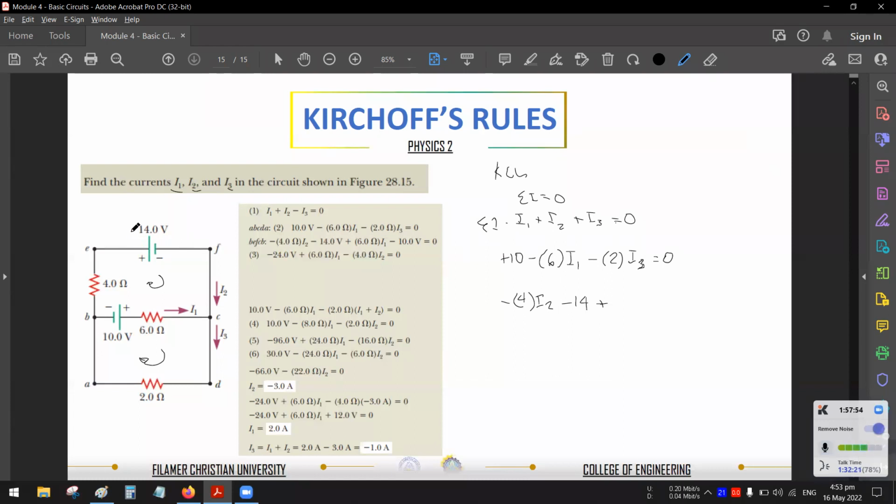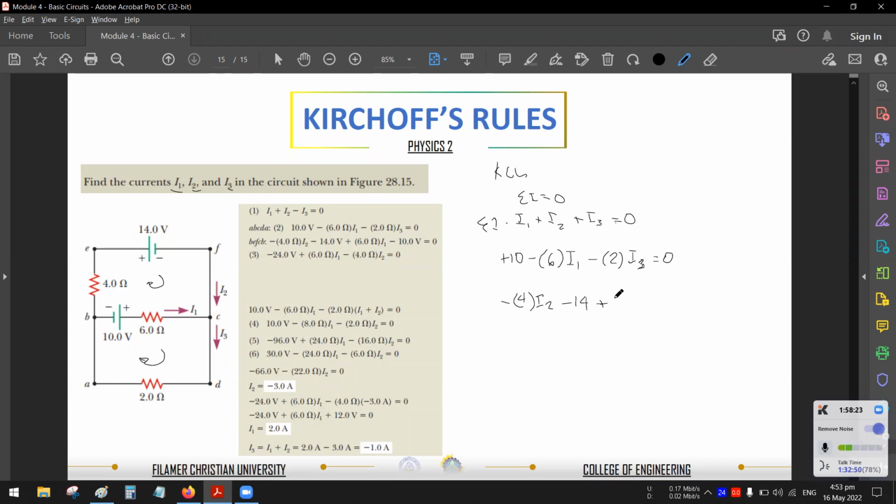So that's why negative 14 yung gamit natin. Pag sa resistance, labas tayo ng negative, so we use the negative. Okay? Negative 4 ohms. Dito, labas din tayo, so negative 6 ohms. Hindi, papasok tayo positive, pero yung direction kasi is kabilaan. Reciprocal yung direction ng I2 at I1.